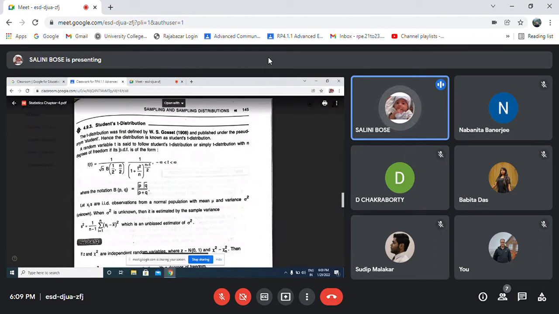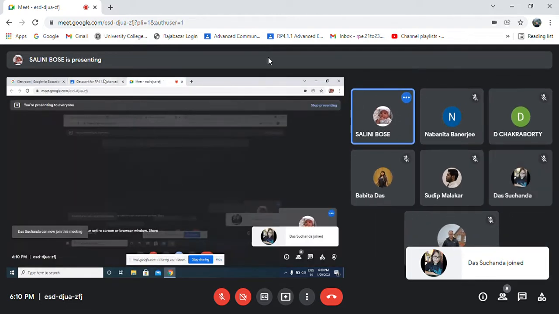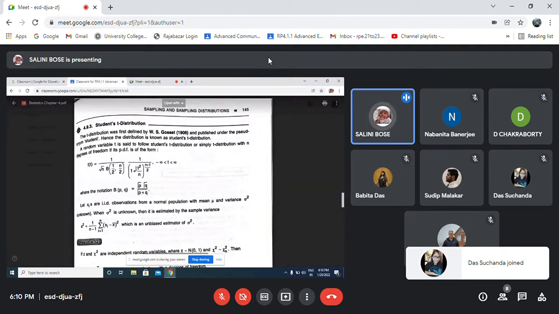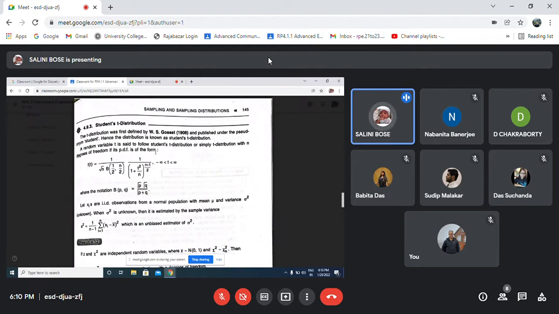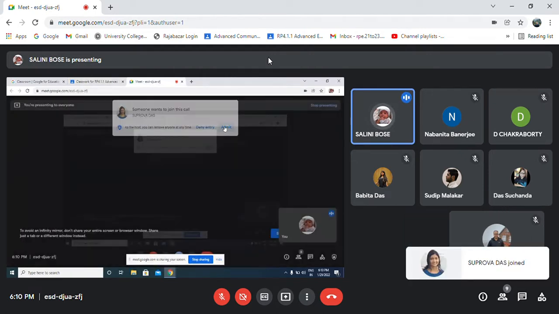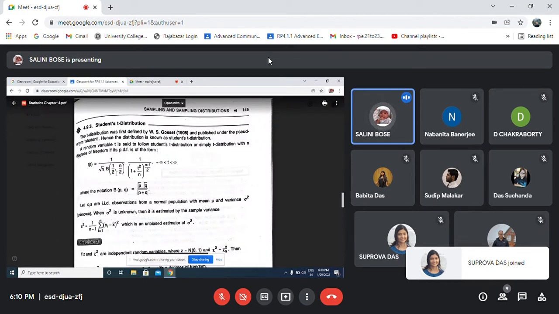If a random variable t follows Student's t distribution, or simply the t distribution (Student's t and t are the same distribution) with n degrees of freedom, then the PDF will be like this: 1 by root over n, and this first part is nothing but a constant, times 1 by (1 plus t squared by n) whole power (n plus 1) by 2, where n is the number of degrees of freedom.